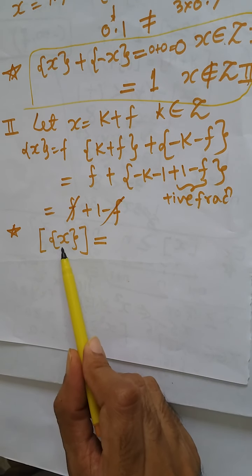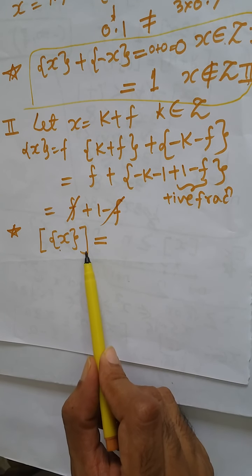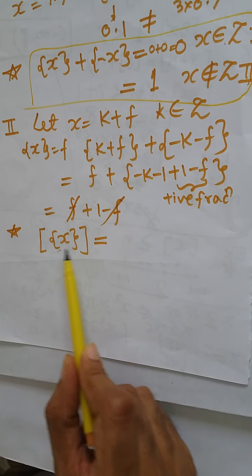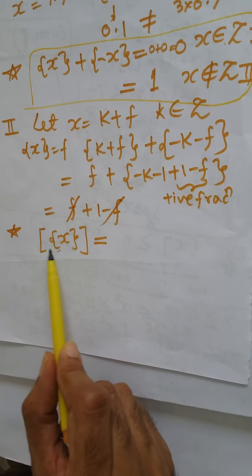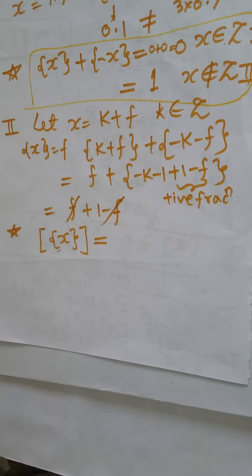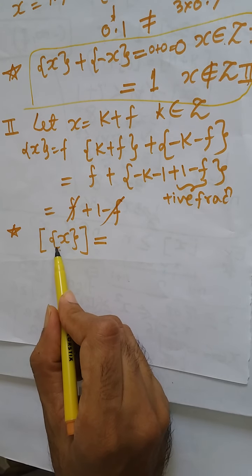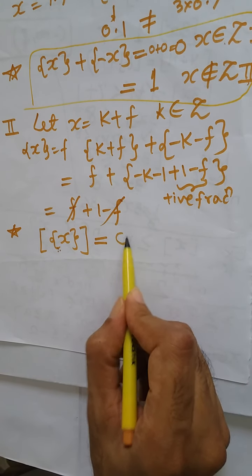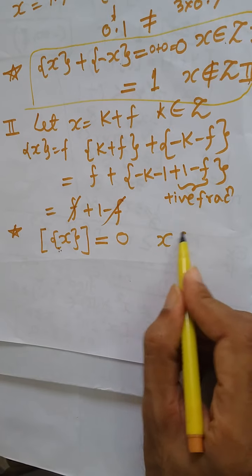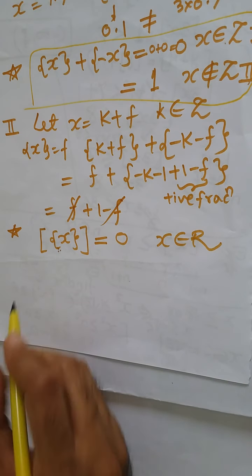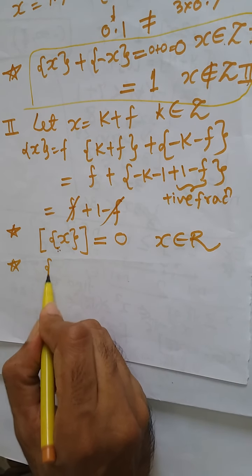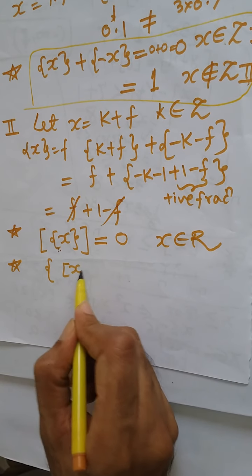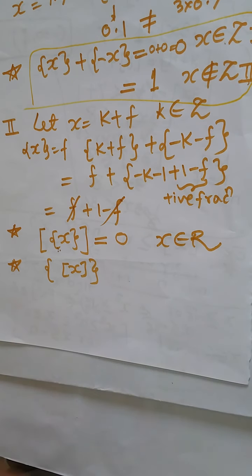Now if we see the fractional part of x placed inside the greatest integer, what is the value? Since this is a fraction between 0 to 1, the greatest integer value is 0, for any x belonging to R. Similarly, if I ask you for the fractional part of greatest integer x, what do you say?